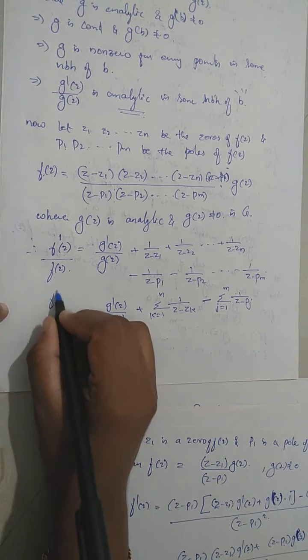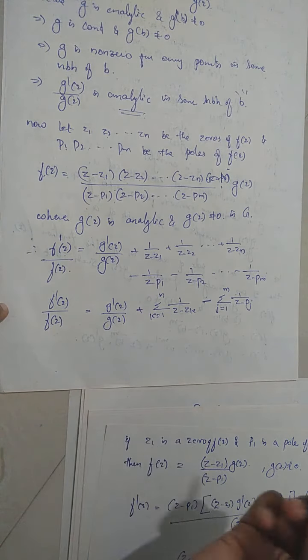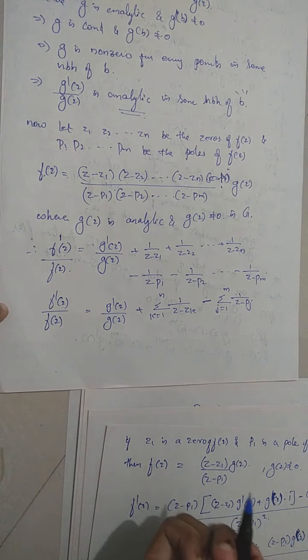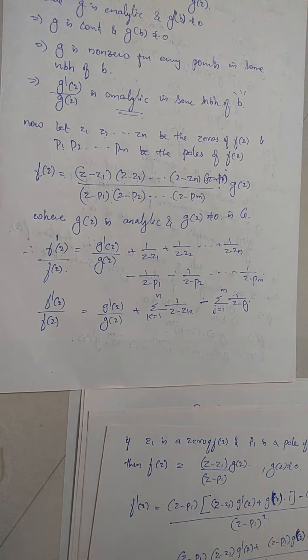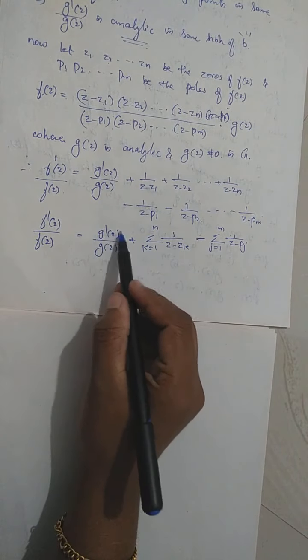So this will be the format of F dash Z by Fz if Z1, Z2, etc., Zn are the zeros and P1, P2, etc., Pm are the simple poles. Okay. Now we already have G dash Z by Gz.